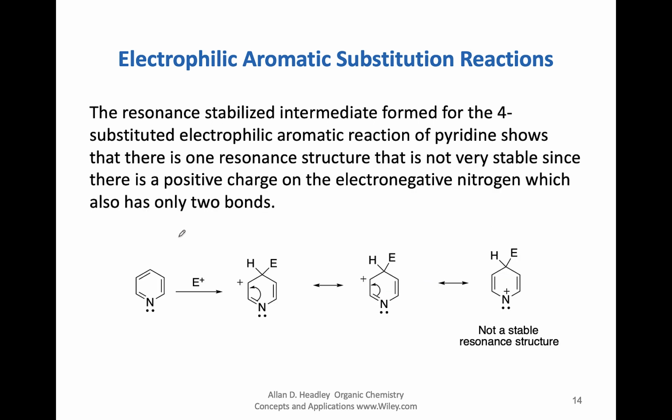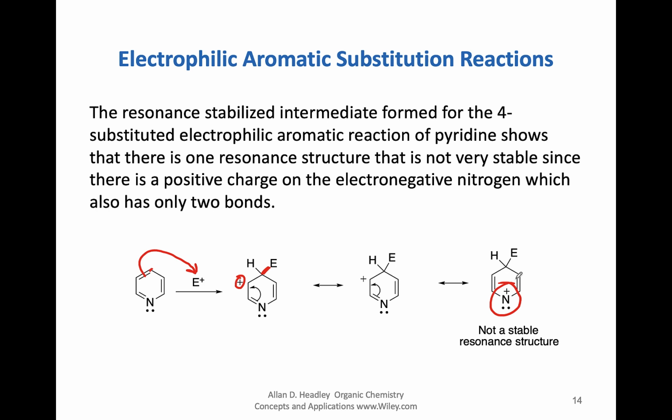Let's look at the third possibility, putting the electrophile here. Again, these electrons swing out to bond to our electrophile to make this bond right here, and the positive charge is here. We can draw resonance structures here, and you can see we're back to this again, where that's not a stable resonance structure.